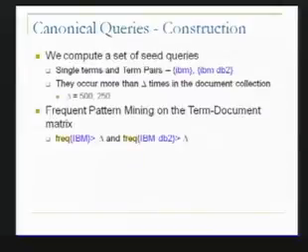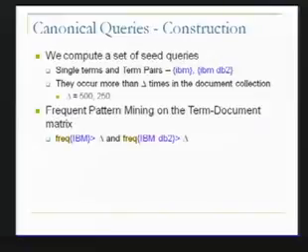Okay, the way we create the canonical queries is by computing a set of seed queries. What are these seed queries? Basically, they are single terms or term pairs that occur in the document collection more than delta times. Delta could be 500 or 1,000 depending on your construction criteria.